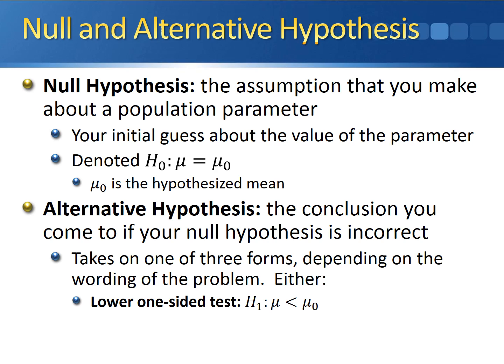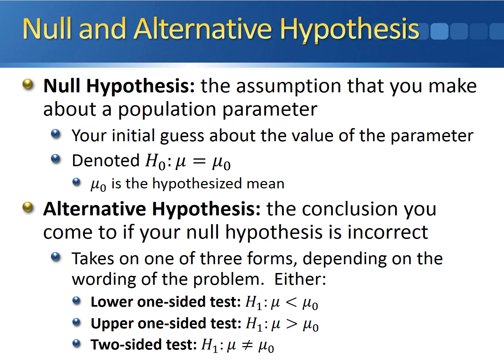In a lower one-sided test, the alternative hypothesis is H1, mu less than mu0, mu less than our hypothesized mean. In an upper one-sided test, the alternative hypothesis is mu greater than mu0. And in a two-sided test, the alternative hypothesis is going to be mu not equal to mu0. We don't necessarily know which direction we're looking, if we're looking greater than or less than our hypothesized mean. In a two-sided test, we basically just say that our population mean mu is not equal to our initial guess.